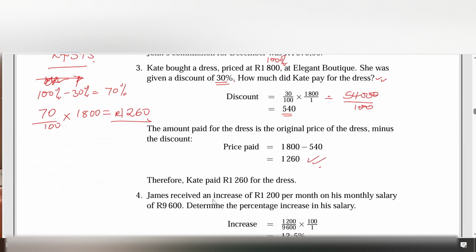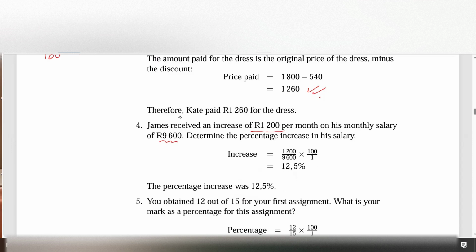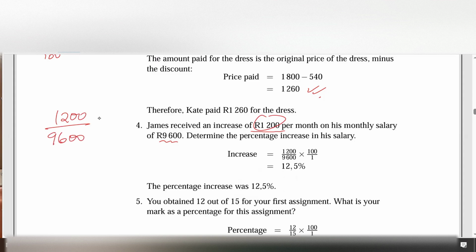Number 4, James received an increase of 1,200 per month on the monthly salary of 9,600. Can we determine the percentage increase? So for us to get the percentage increase, we already have the increase that they gave us, which is 1,200. We're going to get 1,200 over the 9,600, multiplied by 100 over 1.